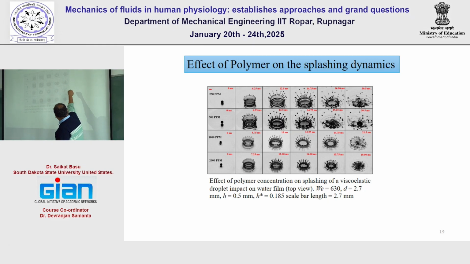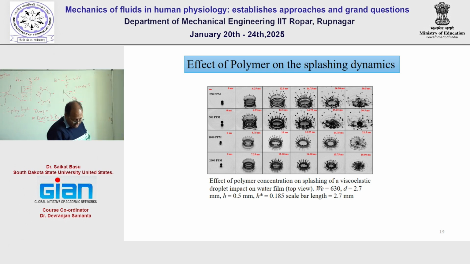Here at 250 ppm, you can see the filaments eventually get broken, the fragmentation is taking place. But as we increase the polymer concentration, these filaments are quite robust. They will always stay intact, and eventually, if we follow the whole experimental time frame, the filaments will merge with the water. So basically, splashing is inhibited in these scenarios.